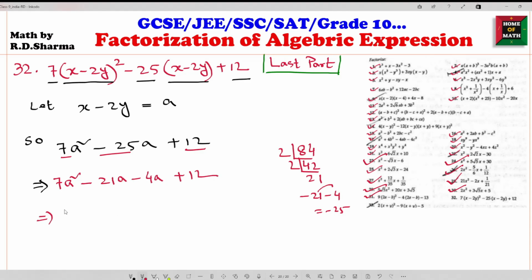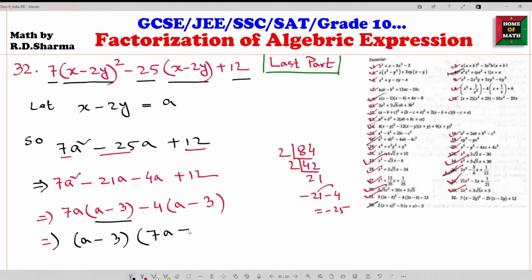Then we can take common 7a, so here is a minus 3, and here we can take common minus 4, so here is a minus 3. So again we can take common a minus 3, so here is 7a minus 4.